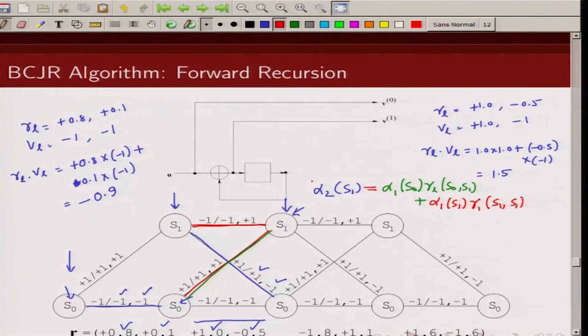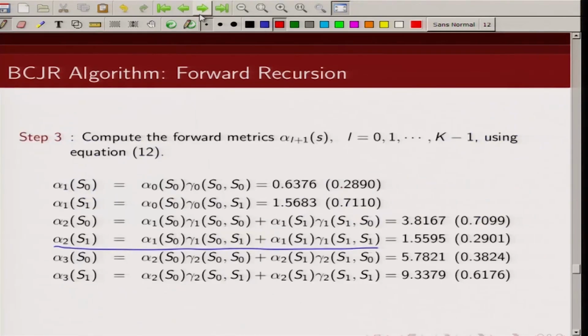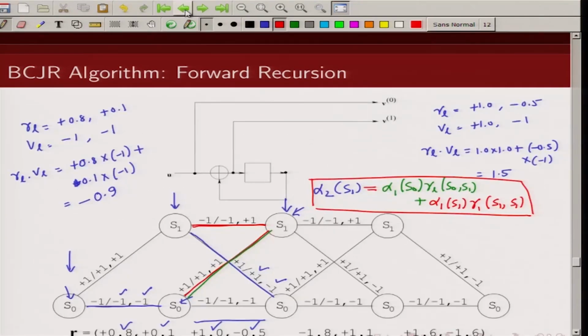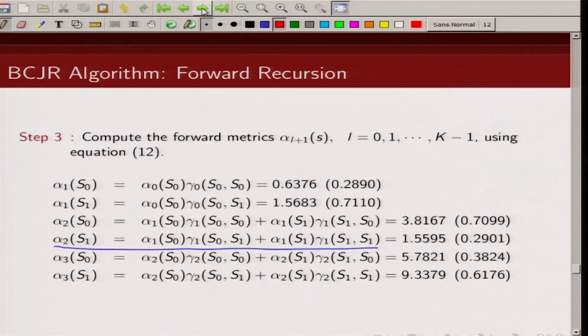So, this is the value of alpha 2 at state S1, and that is what we have got here. So, like this we can compute the values of alphas.